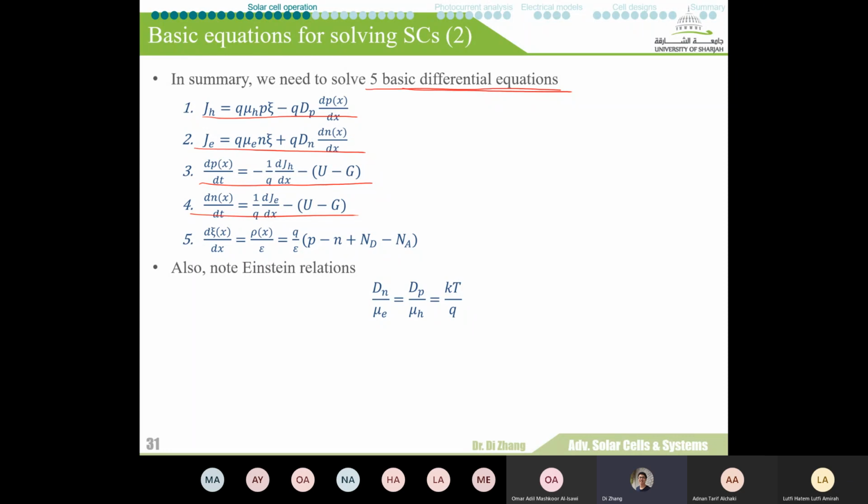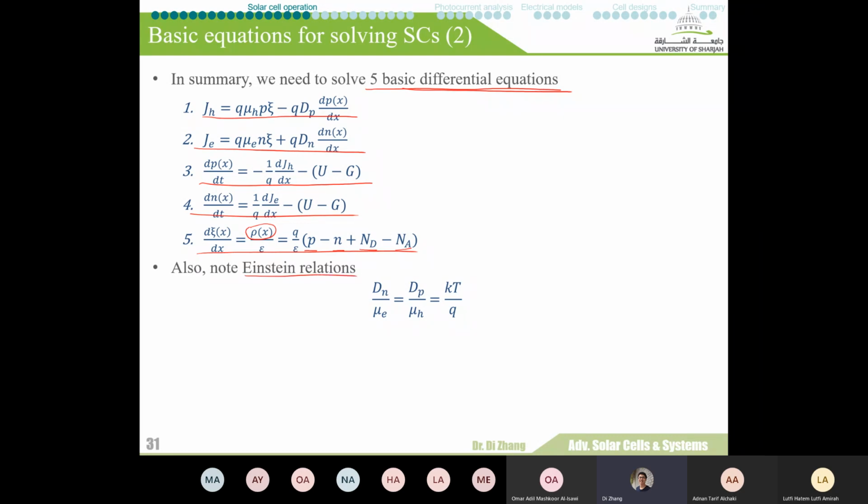Finally, we have the modified version of the so-called Poisson equation, which counts the charge density at any specific point, taking into consideration hole density, electron density, and the doping concentration, because that usually produces the stationary space charge.